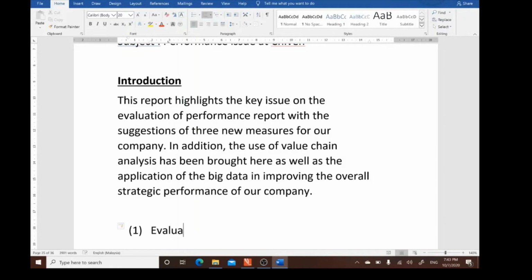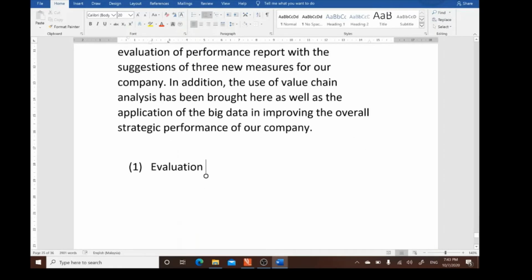The very first part here is when we're looking at the evaluation of the report. Therefore, class, ask yourself this question: are the students required to make use of all the ratios and to make performance comparison in this case?